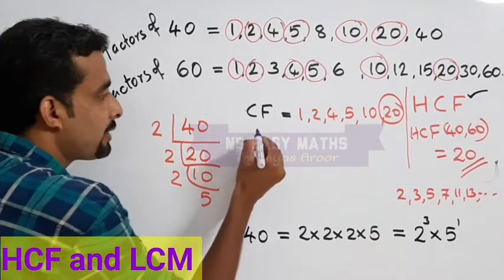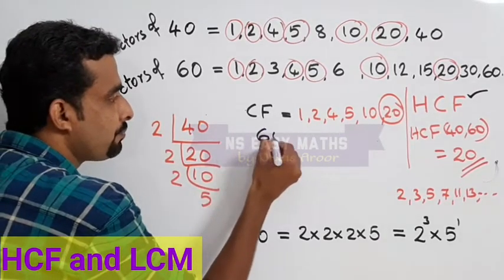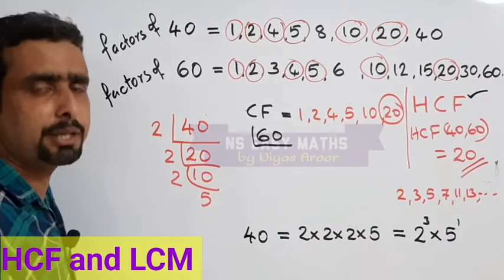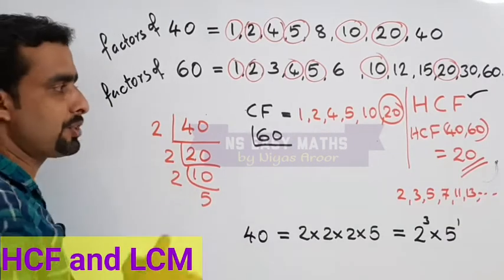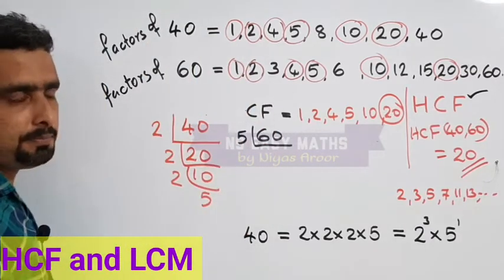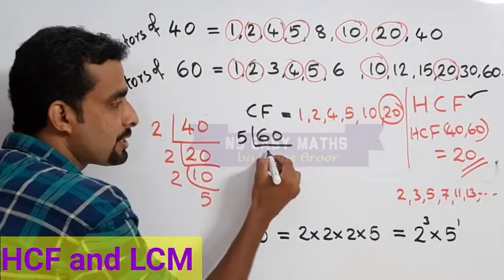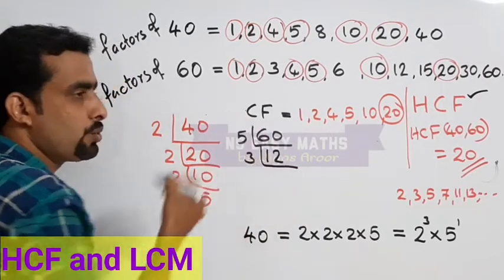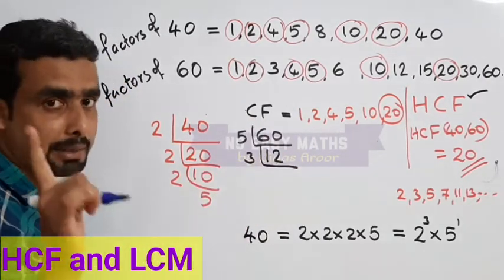Similarly, we can factorize 60 by using prime numbers. Take a prime number, and by using that number, divide 60. So I took 5. On dividing 60 by 5, we get 12 as the quotient. Again, we can divide by using 3. Use only prime numbers.